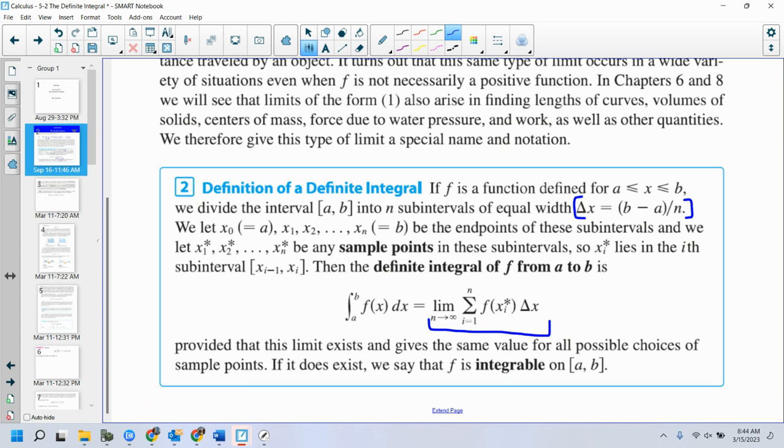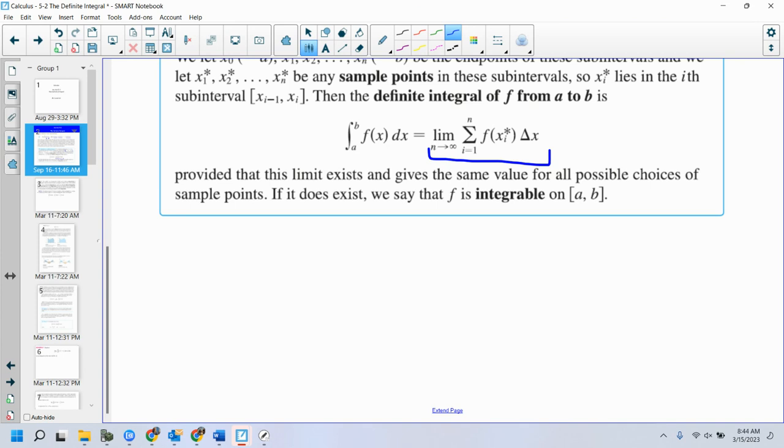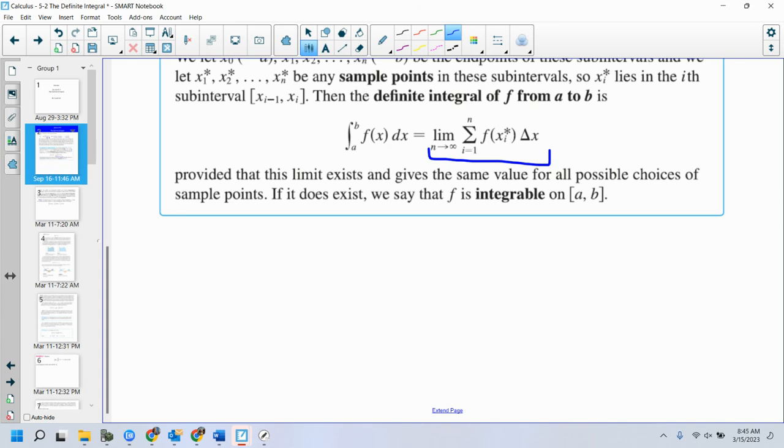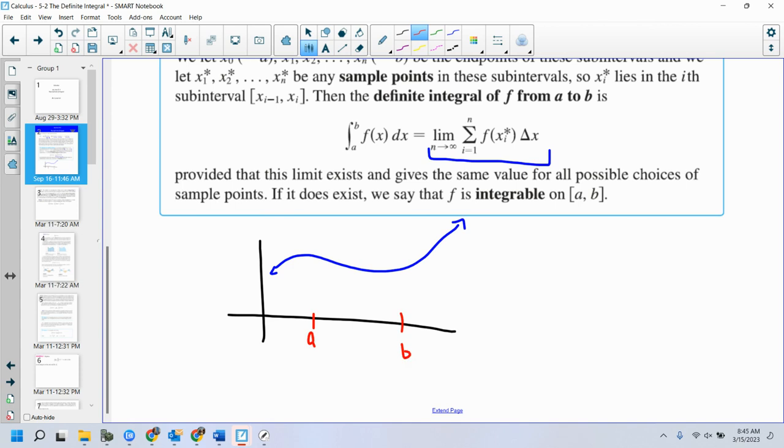We can read this as the integral from a to b of the function f. That's how we read that. And all that's saying is that you're going to have some function f. I don't know what it looks like. You've got boundary lines at a and b.